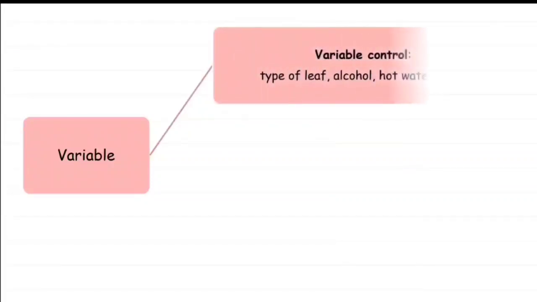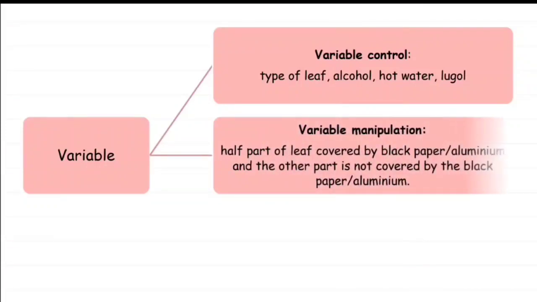And then the variables. First, the control variables are types of leaf, alcohol, hot water, and Lugol. And then the manipulation variable: half part of the leaf covered by black paper or aluminium foil, and the other part is not covered by the black paper or aluminium foil.